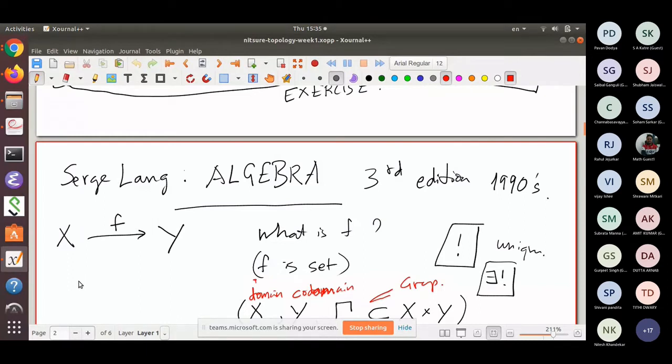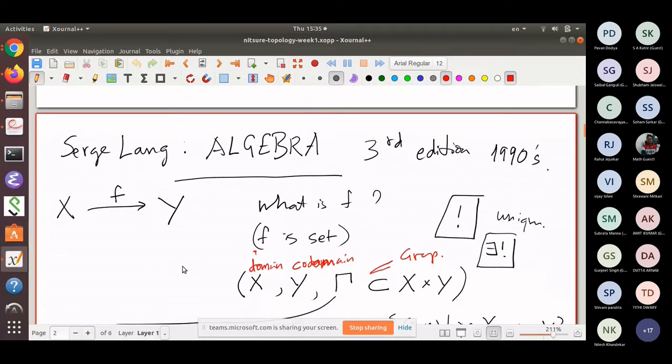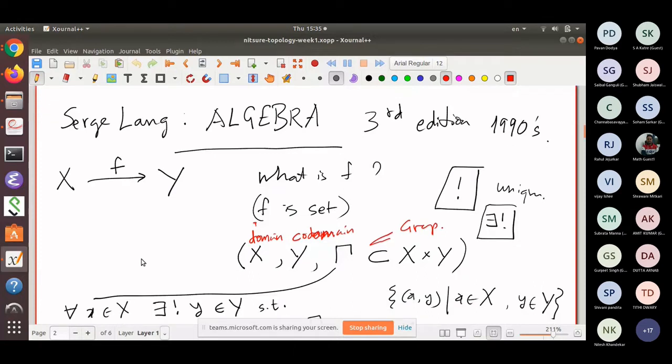Then I told you about Serge Lang's Algebra, which is a somewhat more modern book in our usual textbooks, and uses things like categories, etc., in the modern sense. However, the definition of a function is still not very satisfactory in all these standard textbooks, because a function has to have three things.